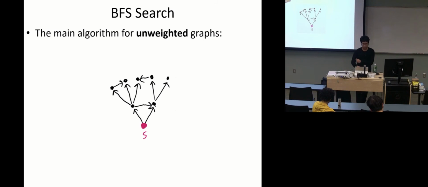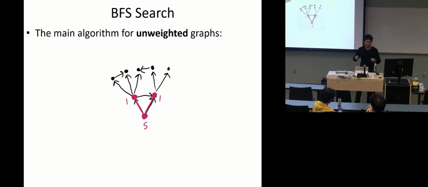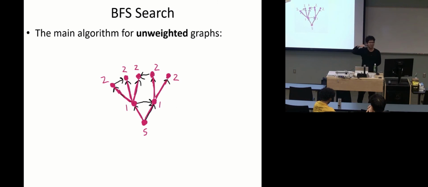What is that? You start from a source S and look at the neighbors of S. Each of these is going to be of distance 1 from you. And then you look at the neighbors of your neighbors, and that's going to be distance 2.